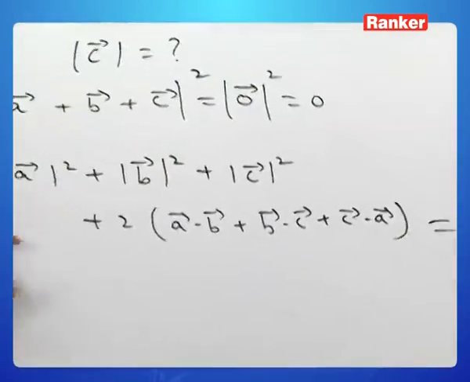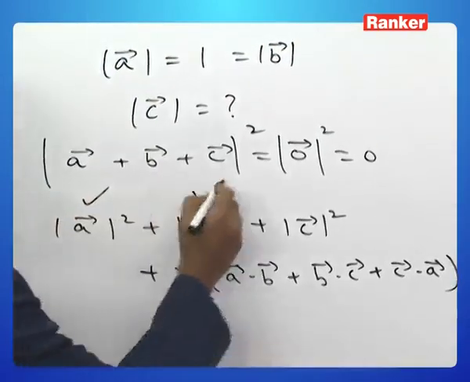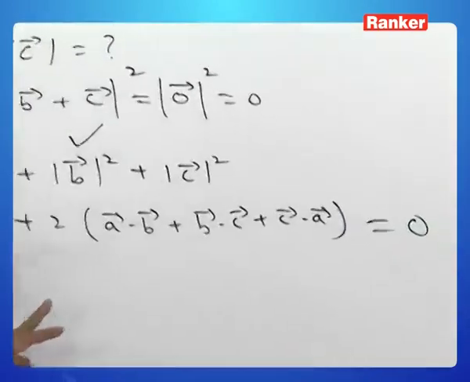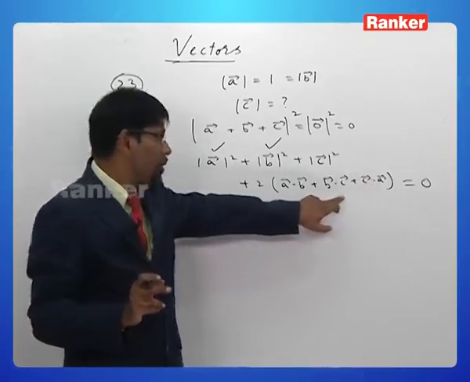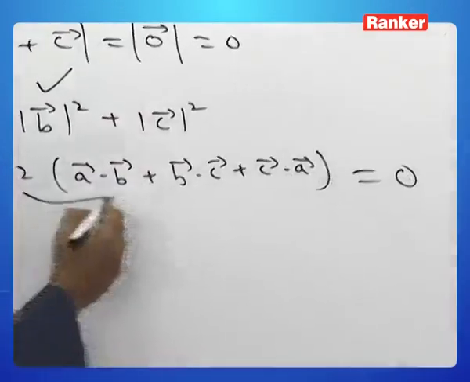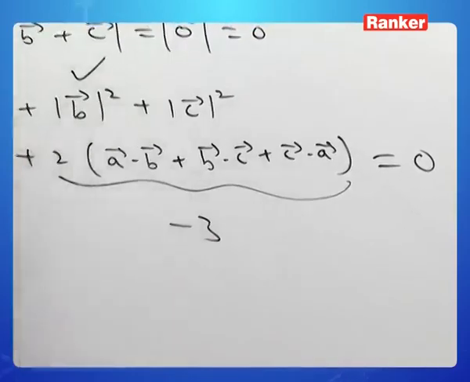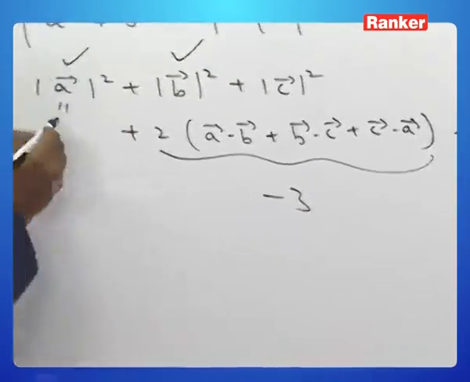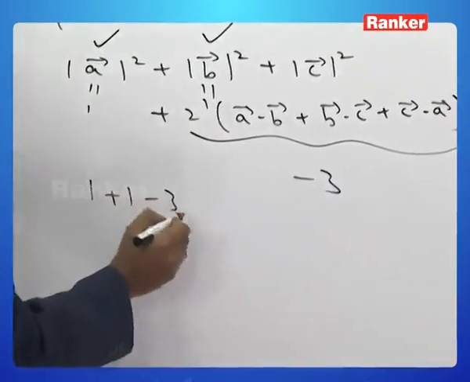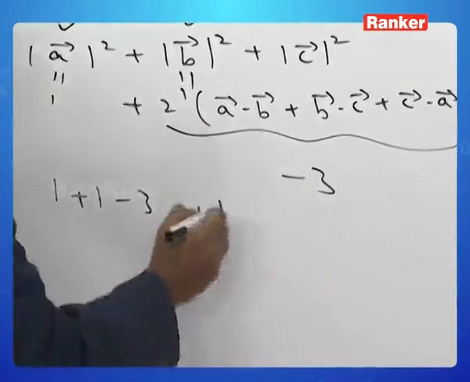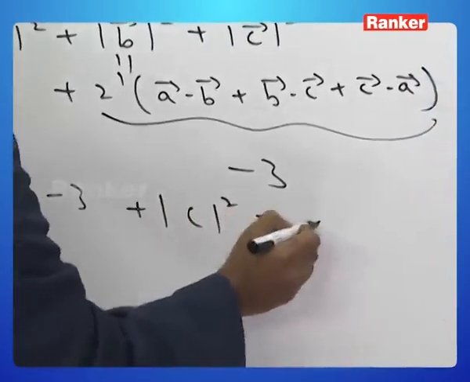Out of them, 2 into a bar dot b bar plus b bar dot c bar plus c bar dot a bar is given to be equal to minus 3. So this part is minus 3 and these two are 1 each. So 1 plus 1 minus 3 plus magnitude of c square is equal to 0.